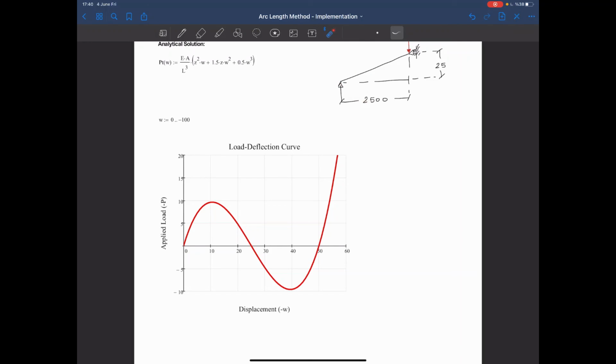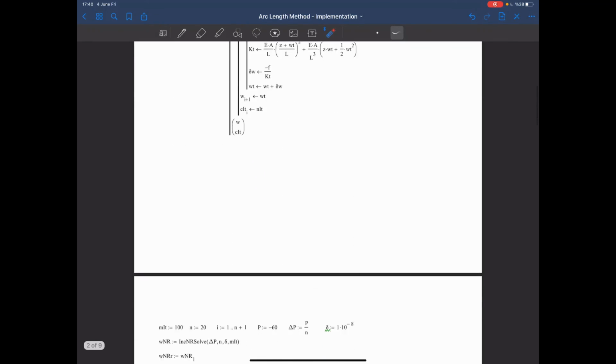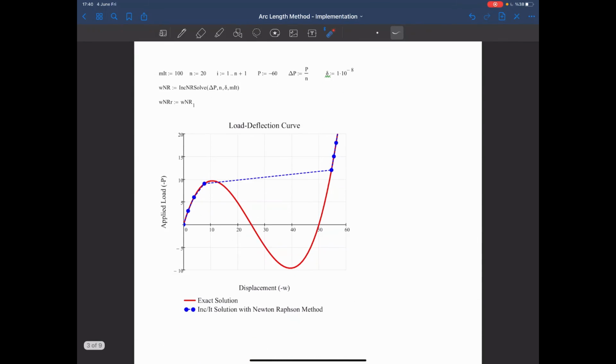Now the first thing that I will do is I will just solve it with the Newton-Raphson method. We discussed that. And when we look at the behavior, I'm using 20 increments. So you start with the solution very close to the limit point. Of course, you cannot catch these points because you have a fixed load vector. So at every step, you're increasing the force, and the load deformation that you will see with the Newton-Raphson method is like that.